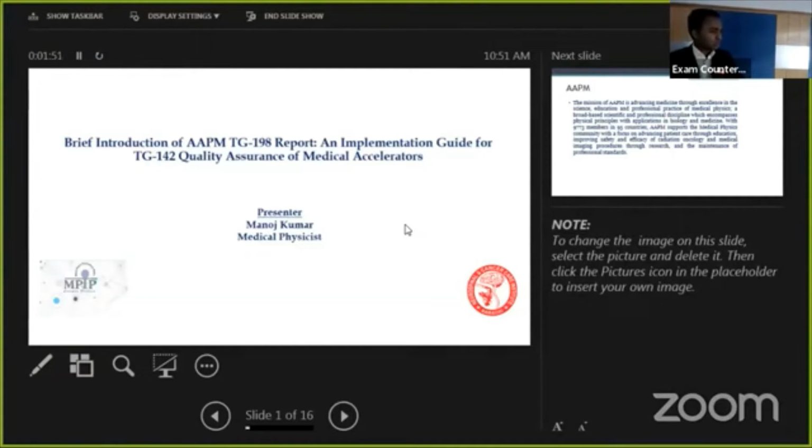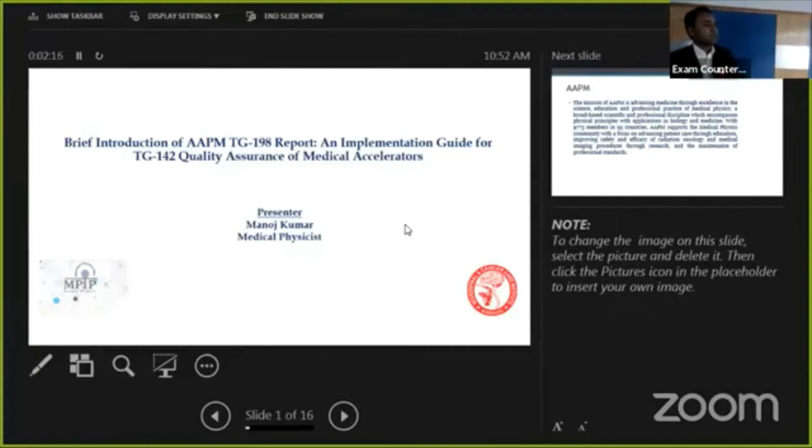So in order to find out whether it's working at its specs, we need to do some tests. Those tests are called quality control tests. Now, these quality control tests are for many different parts, and all of these quality control tests combine to form a quality assurance program, quality assurance for different parts.